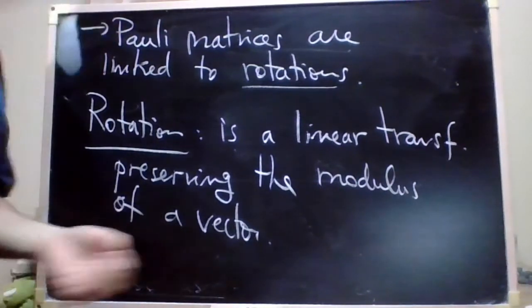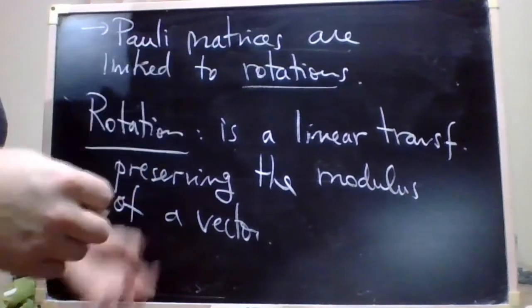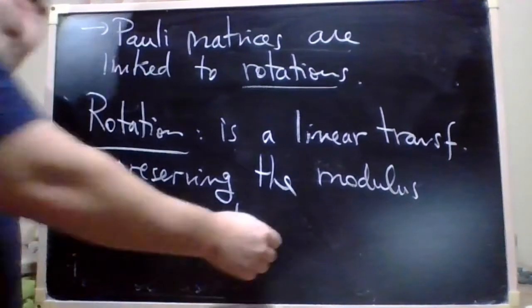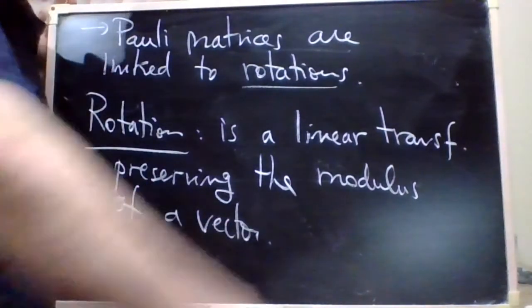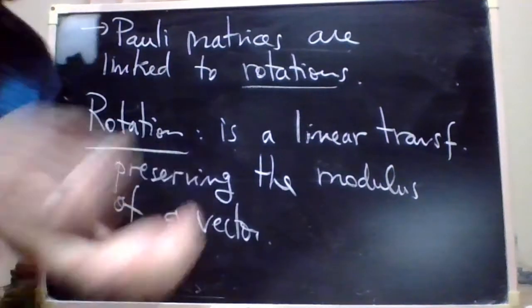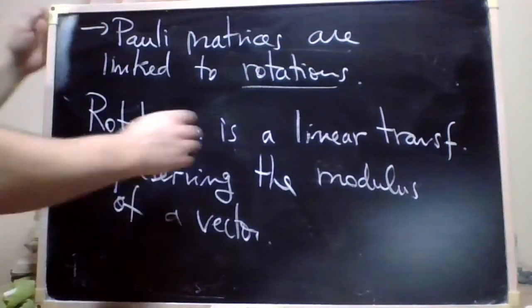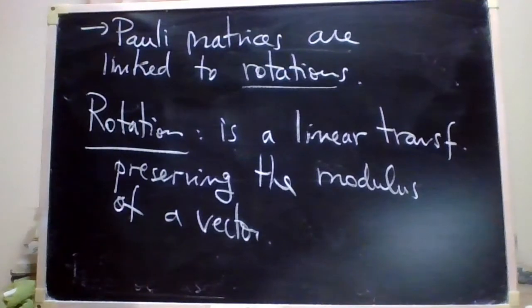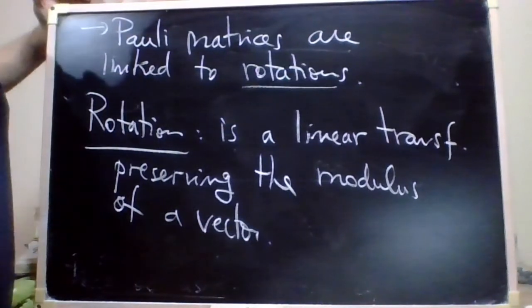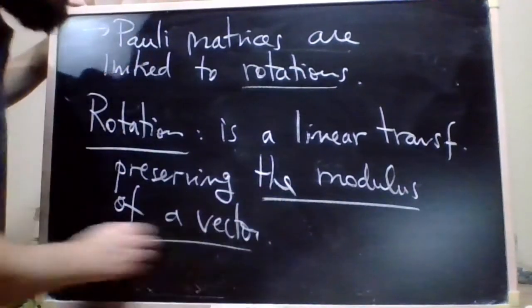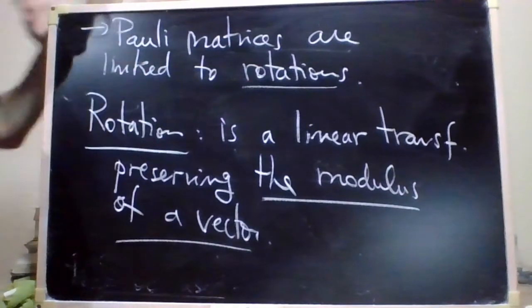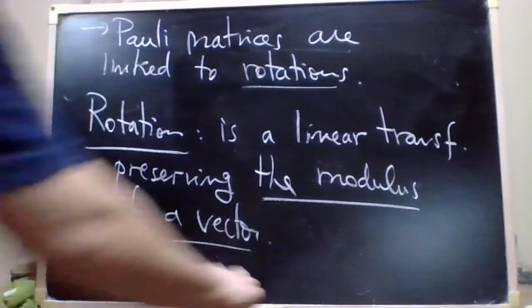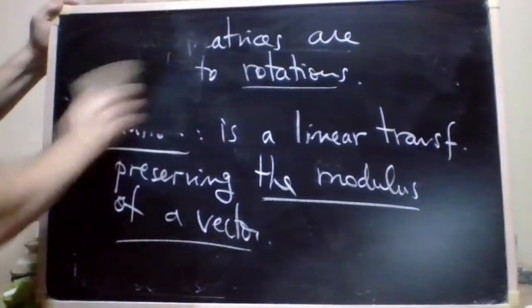The tip of the vector remains at the origin, say, and you rotate the object. So a rotation is a linear transformation, but with the main property of preserving the modulus of a vector, all right? So it's a very important issue here. It preserves modulus.